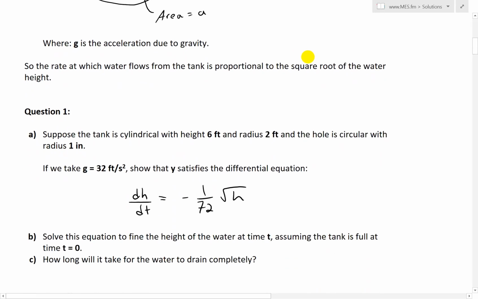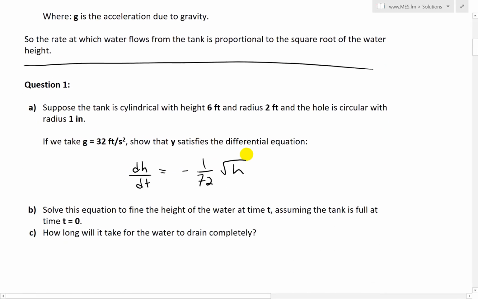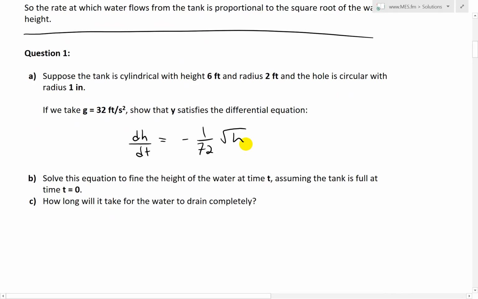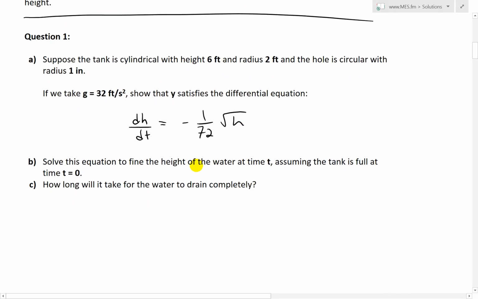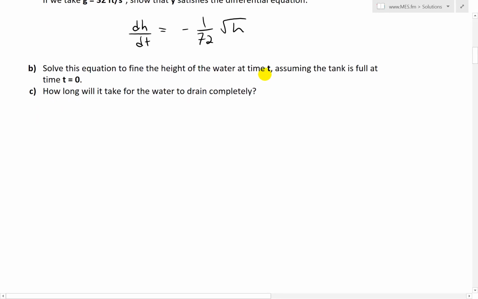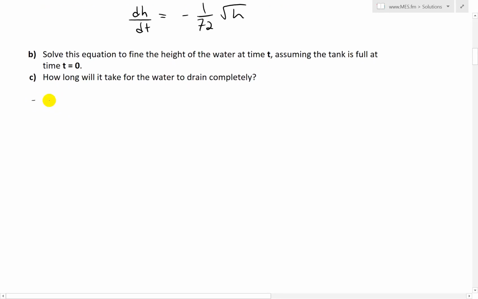So let's go over question 1. Question 1 of this applied project has 3 parts, A, B, and C, and part A says, suppose the tank is cylindrical with height 6 feet and radius 2 feet, and the hole is circular with radius 1 inch. Let's just draw this out first.